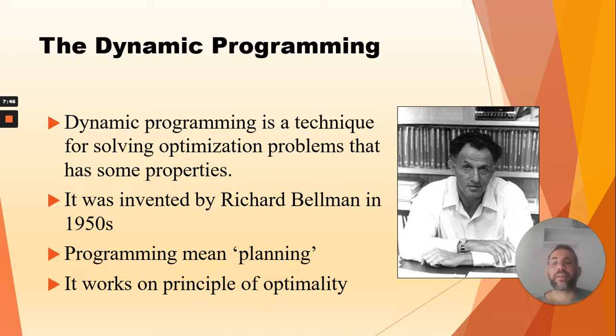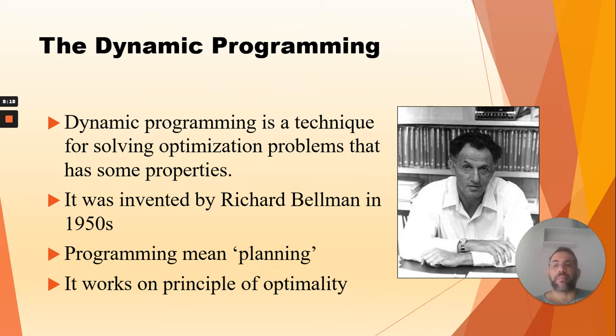Dynamic programming was invented by the American mathematician Richard Bellman in the 50s of the last century. He was the inventor of this technique. Programming doesn't mean coding, but the word programming means planning.